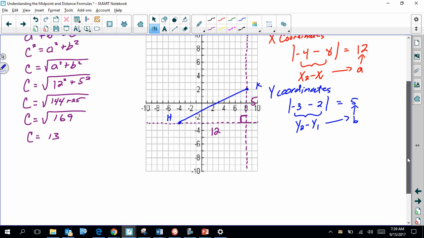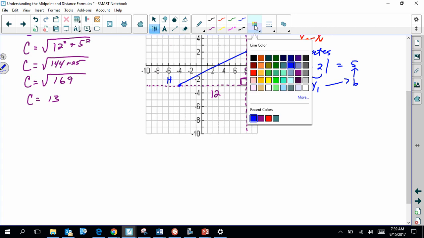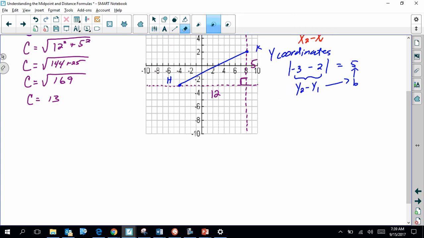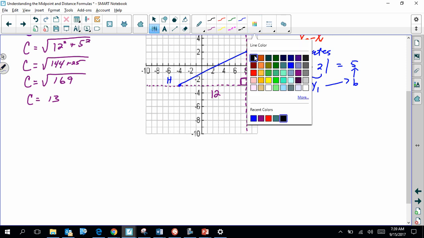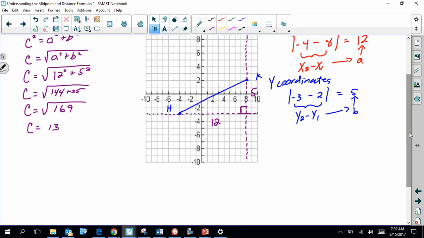So that means we can take the Pythagorean theorem, which I wrote in the form of c is equal to the square root of a squared plus b squared, and I can take the difference of the x's and substitute it in for a.